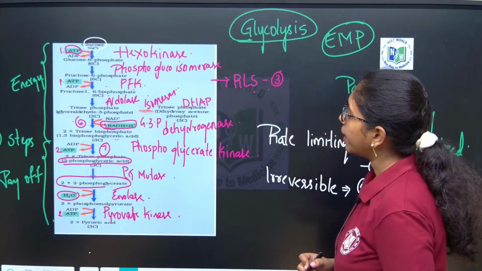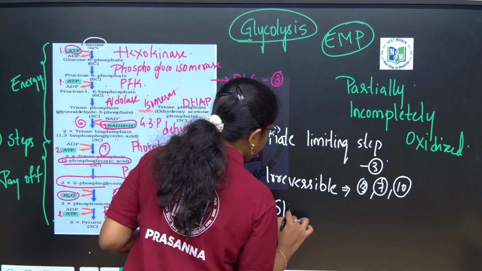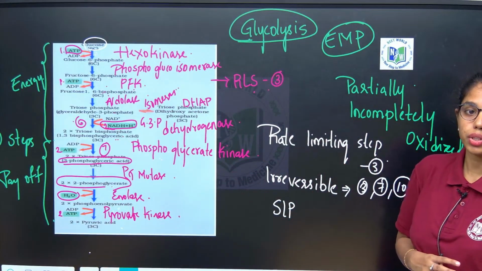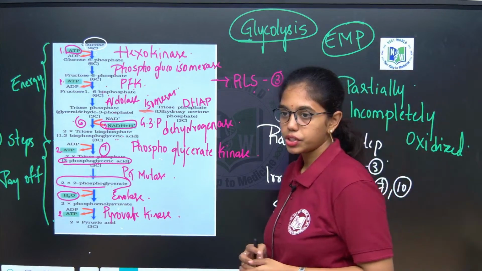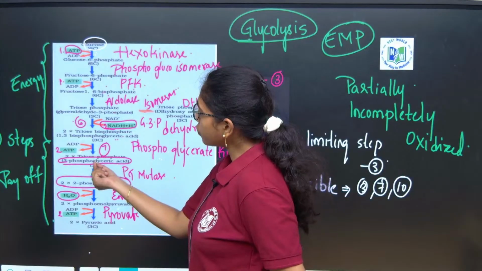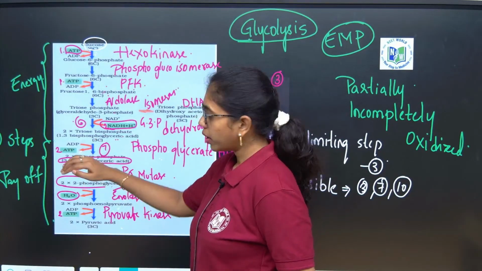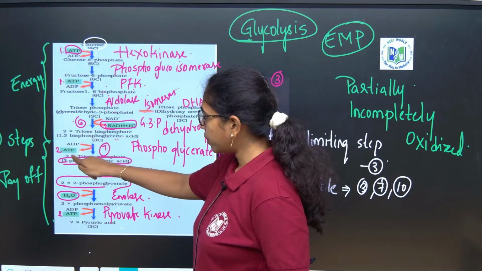Fine. And tell me at what steps you can see substrate level phosphorylation. First tell me what is substrate level phosphorylation. Substrate level phosphorylation is nothing but a phosphate group is transferred from the substrate to ADP. So, here ADP is there, right? Okay, ADP plus inorganic phosphate will give you ATP.